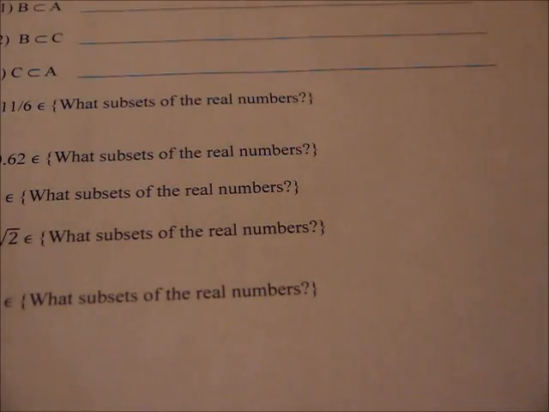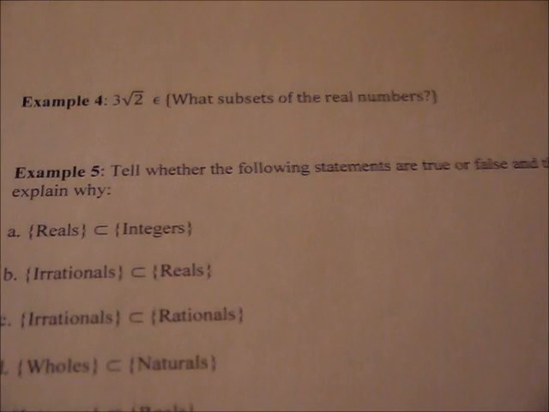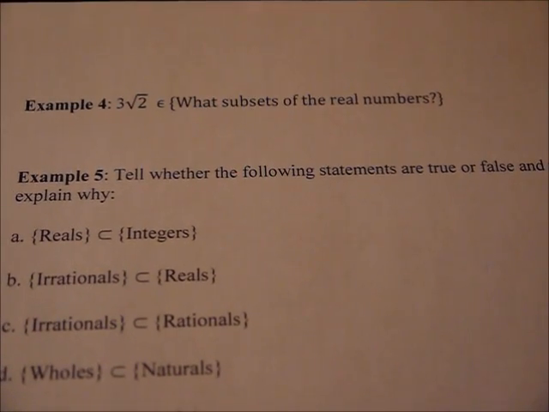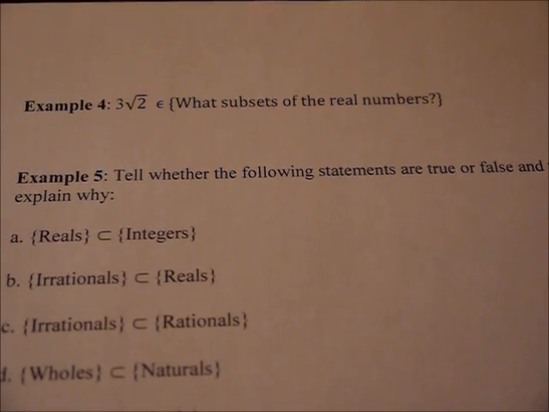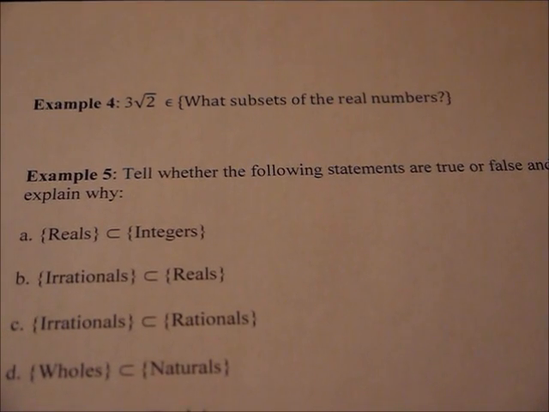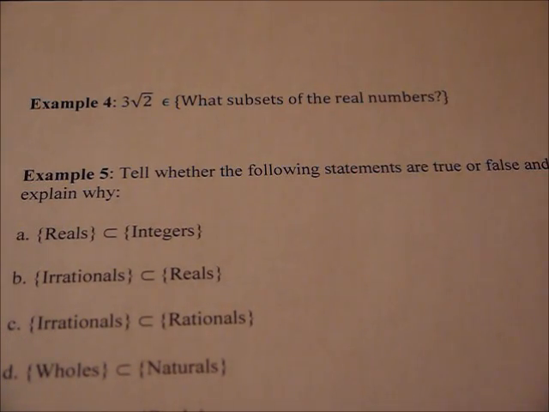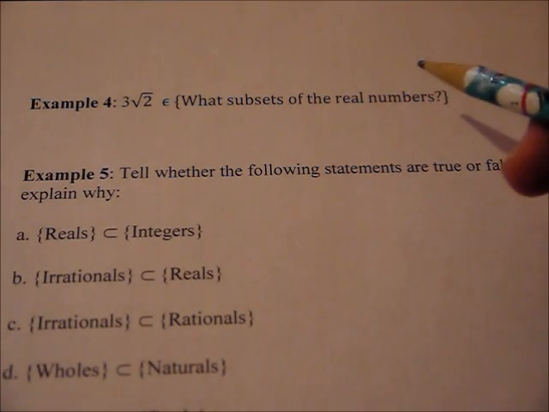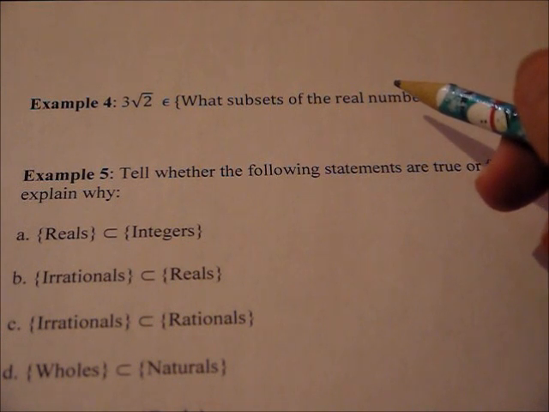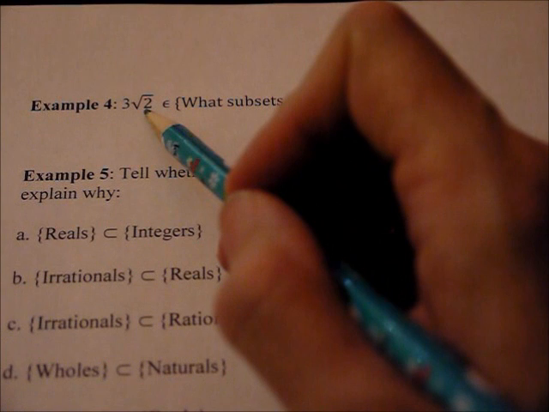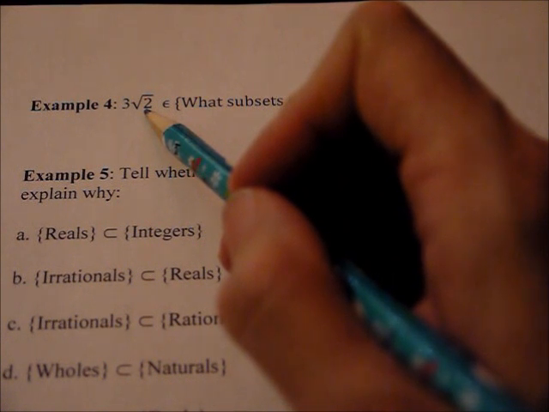Well, let's do the last 2 examples. 3 times the square root of 2 is a subset of what subsets of real numbers? This is where I was talking about the square root of 2, which we decided was irrational.